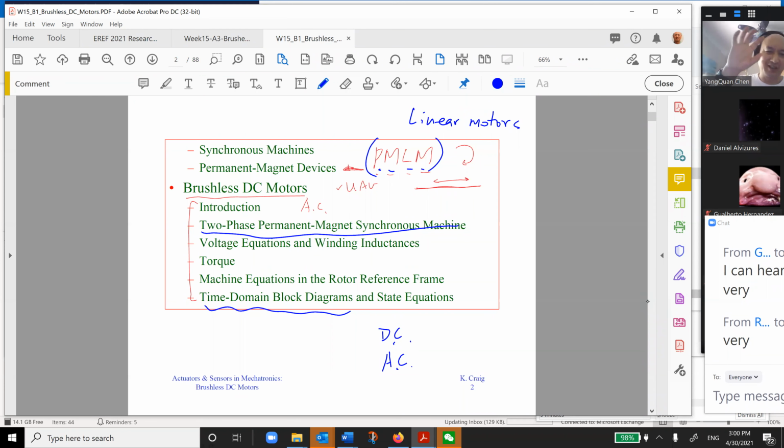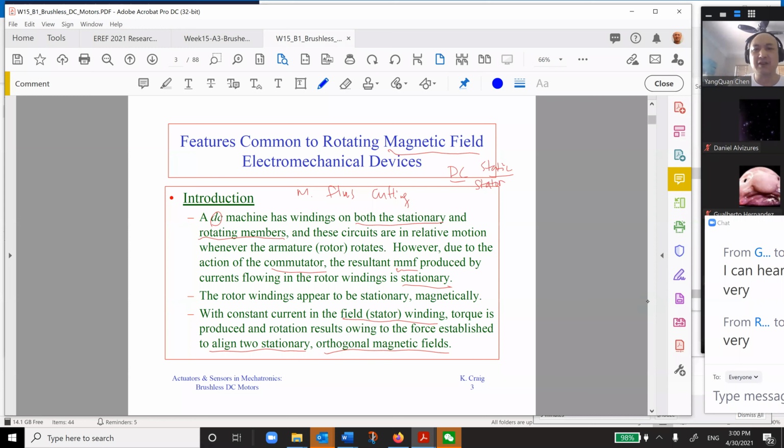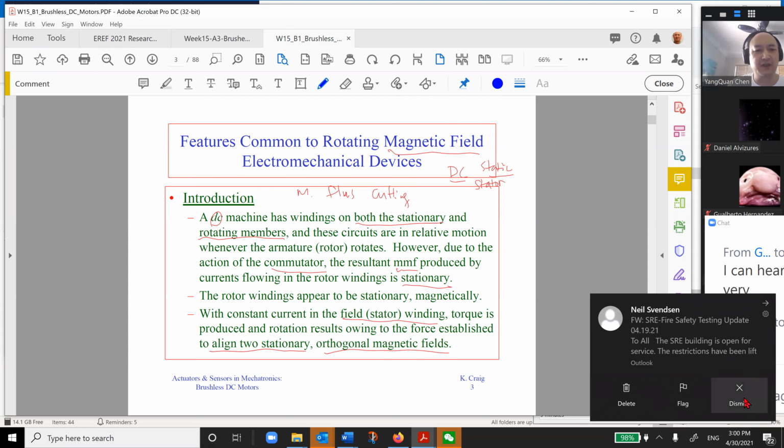If something is wrong, just throw it away and get a new one. However, you should understand the working principle, the foundation of DC motors and AC motors. So let's try to talk about what is considered a rotating magnetic field, okay?